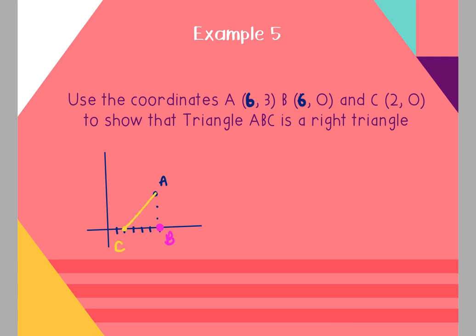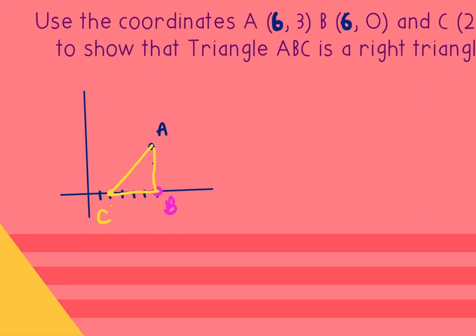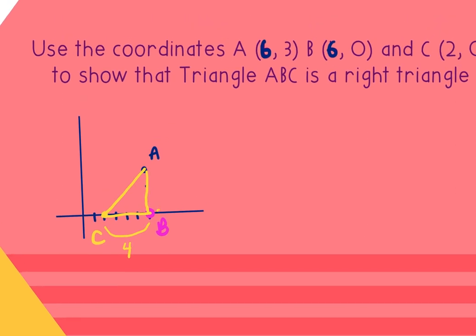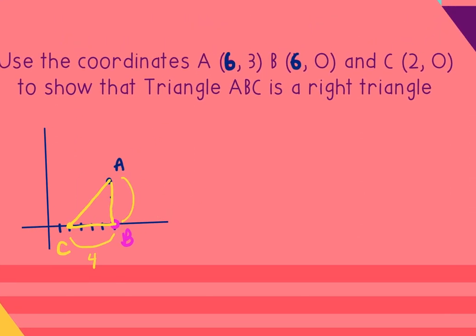So by graphing it, I know I can already determine the lengths of two of those sides. From C to B, I went from 2 to 6. The length is 4. From B to A, I went 0 to 3. That side is 3.